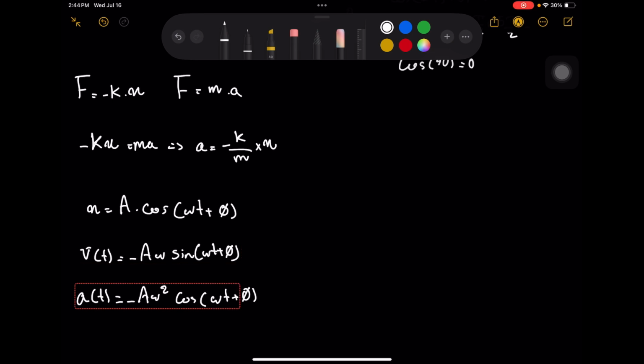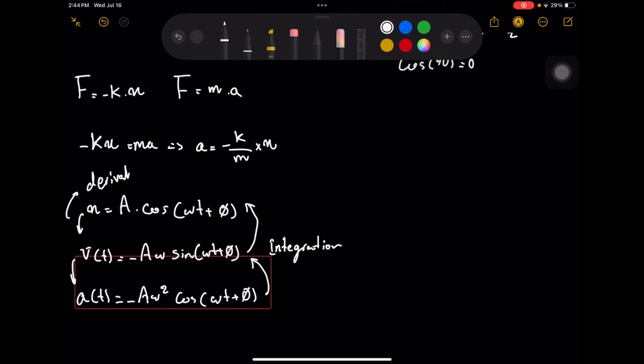If we take the integration of the acceleration graph, we get the velocity, and if we integrate the velocity, we get the position.